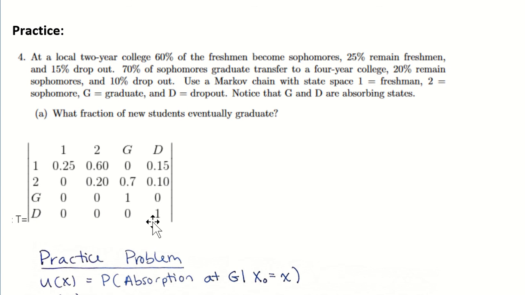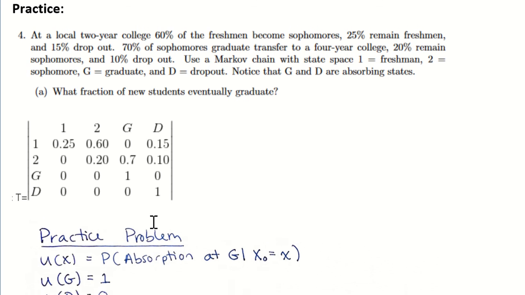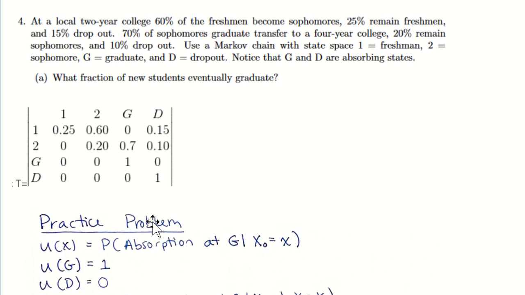And we want to find that for u1, so u1 will be the answer to our problem. We know that ug is equal to 1 and ud is equal to 0. This makes sense because once a student has graduated, they will stay in that state, and once a student has dropped out, they will stay in that state and won't end up graduating.